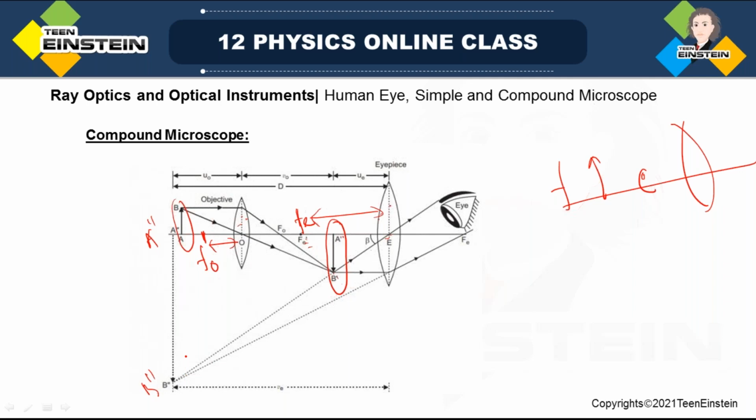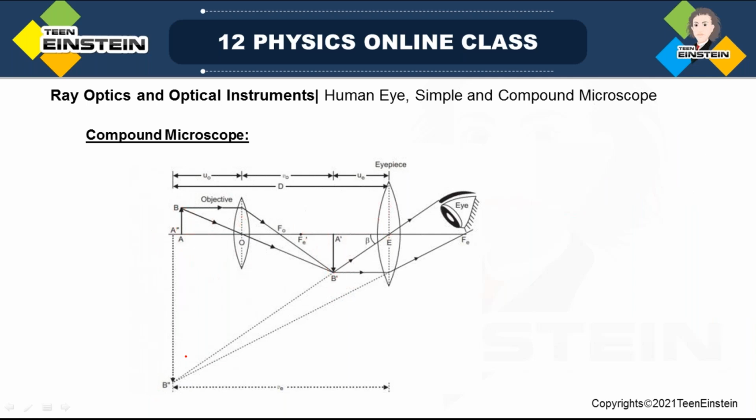Now if you want to discuss the magnification, look at this image. We know m is beta, the angle subtended by the image at the lens, over alpha, the angle subtended by the object.